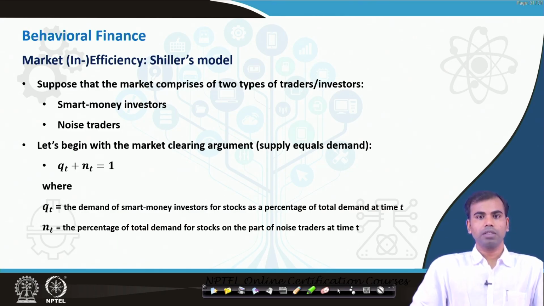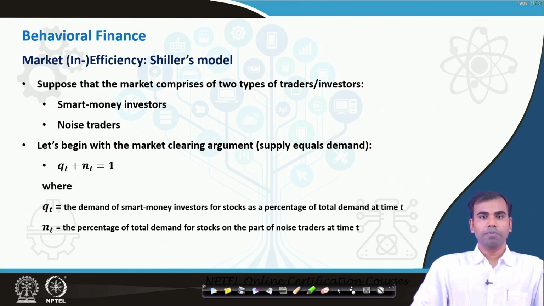Going by the standard economic rule that supply equals demand, the market clearing argument would lead us to explain this in a very simplistic framework such as Qt plus Nt is equal to 1, where Qt is the demand of smart money investors for stocks as a percentage of total demand at time t, and similarly Nt represents the percentage of demand for stocks by the noise traders at time t.